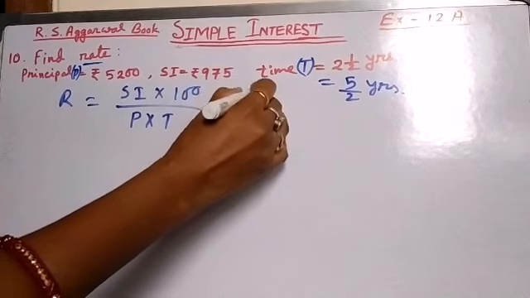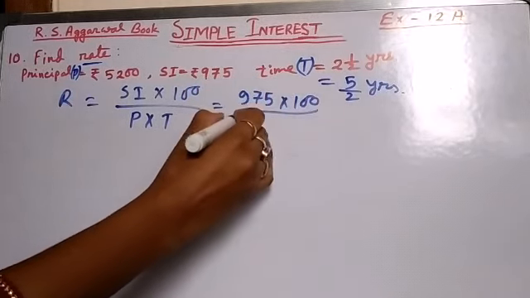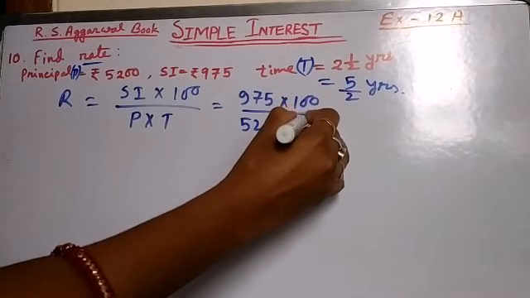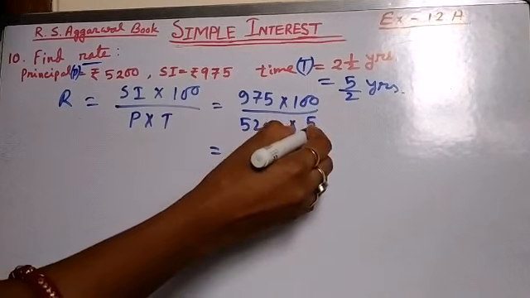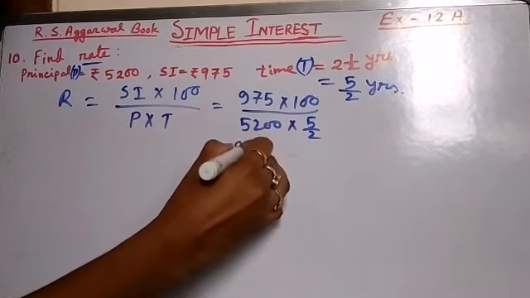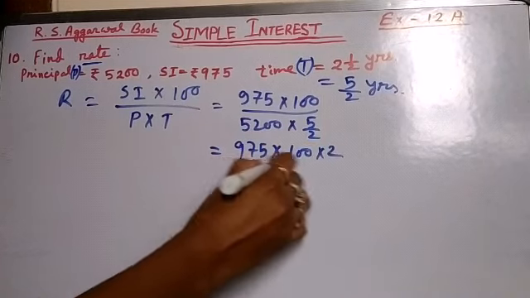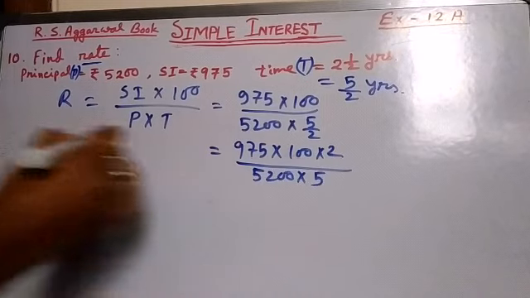SI means 975 into 100 divided by 5,200 into time is 5 by 2. That means this will be reversed. That means 2 will be in the upwards. 975 into 100 into 2 whole divided by 5,200 into 5.